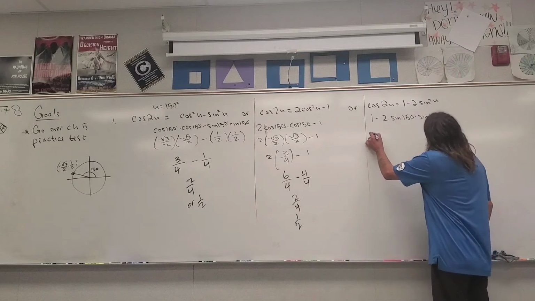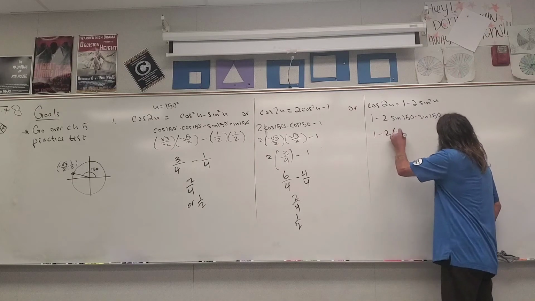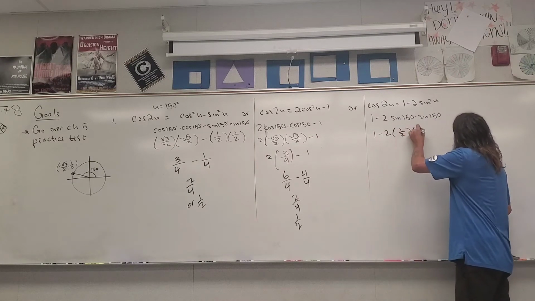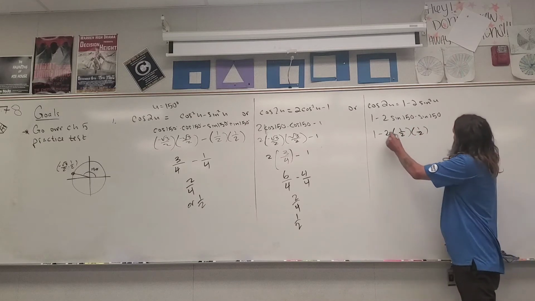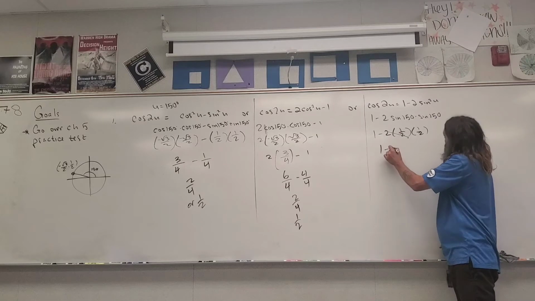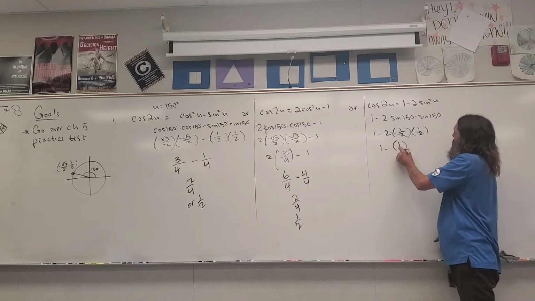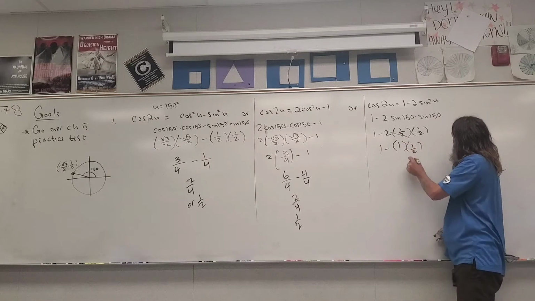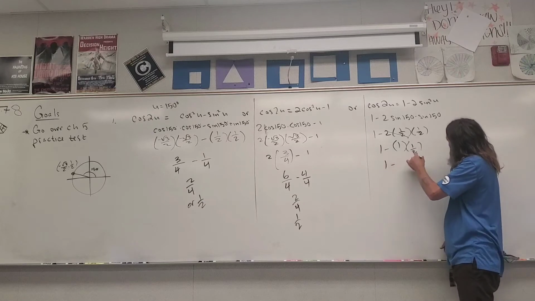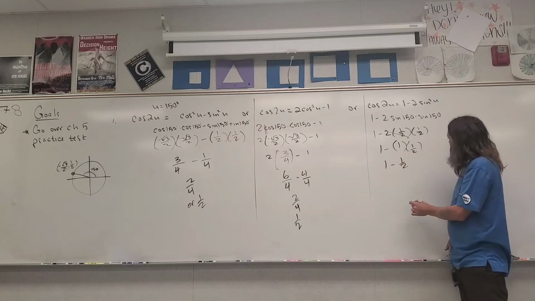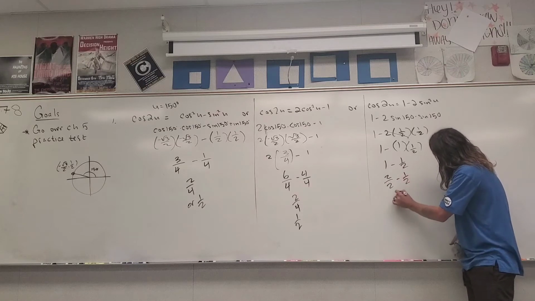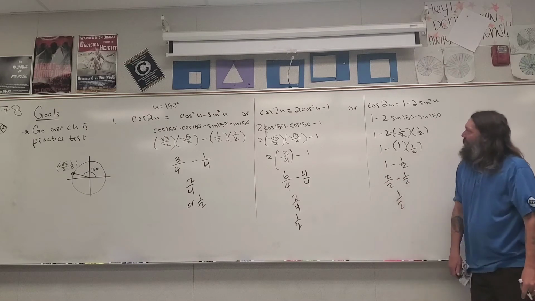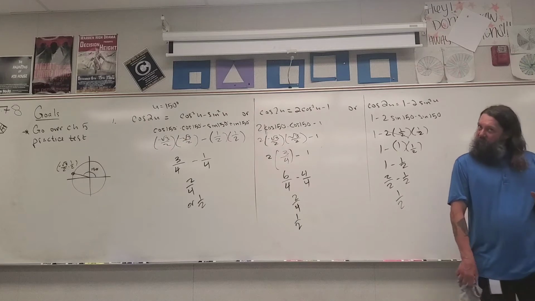So I get 1 minus 2 times 1/2 times 1/2, which I could cancel, and I get 1 minus 1 times 1/2, which is 1 minus 1/2. So I get 2 over 2 minus 1 over 2, which becomes 1 over 2. So whichever formula you use, you're going to get the same thing.